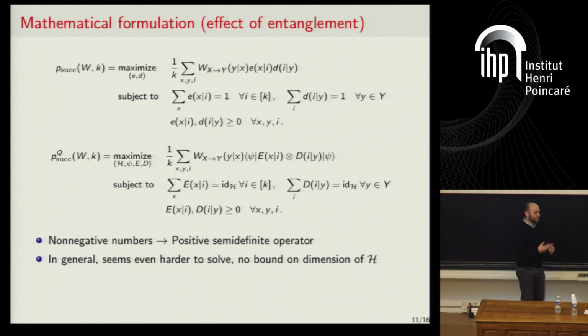I changed non-negative numbers to positive semi-definite operators. Of course, in general, this seems even harder to solve, because I don't even have a bound on H. It's not clear whether this quantum success probability is even computable.